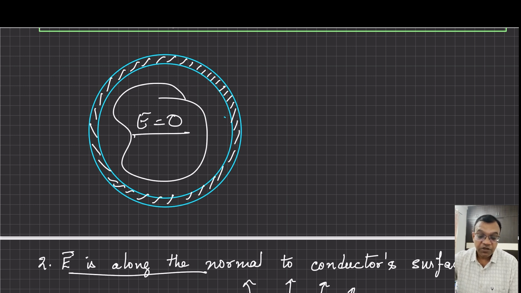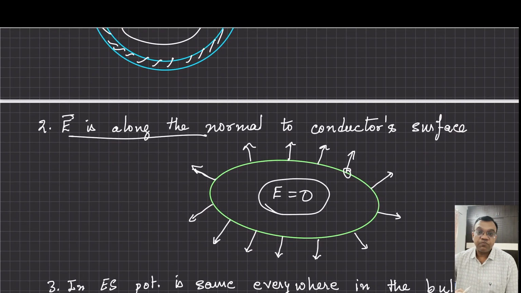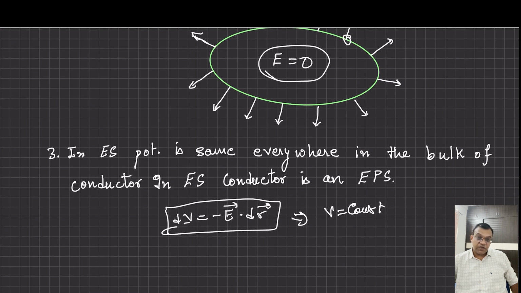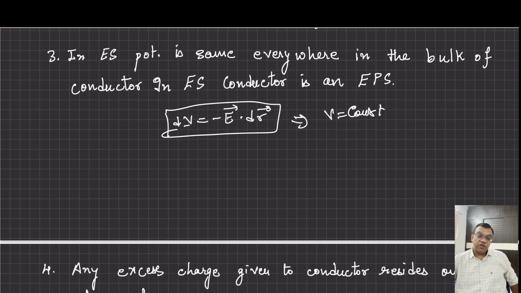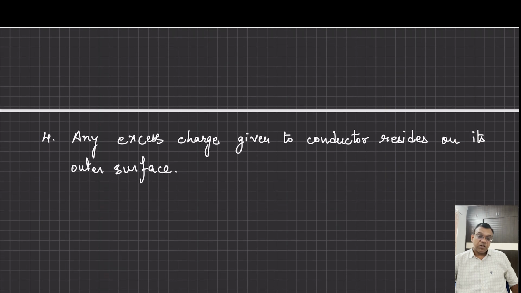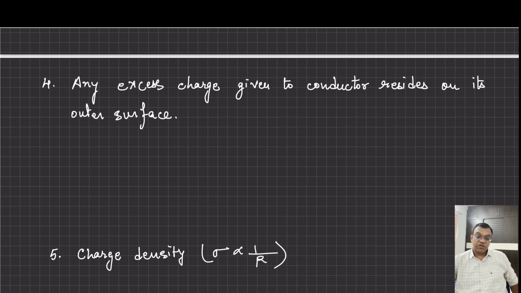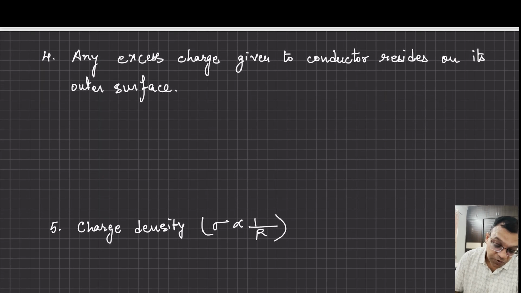So, first point: in electrostatics, the redistribution of charge will take place in such a way that the electric field intensity in the bulk of the conducting medium is 0. Electric field at the surface of the conductor is along the normal, and in electrostatics the conductor is an equipotential surface. Now, the next point.